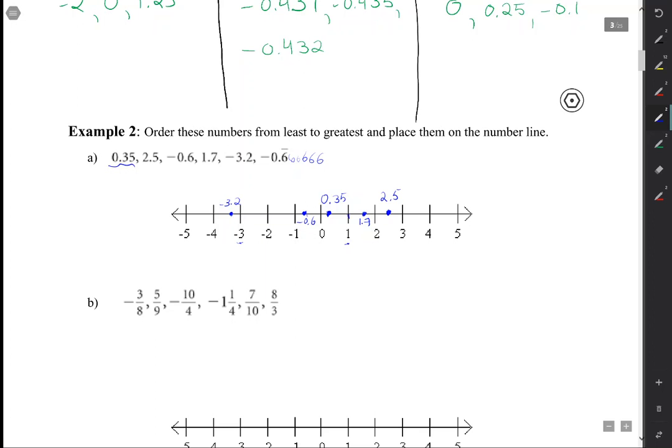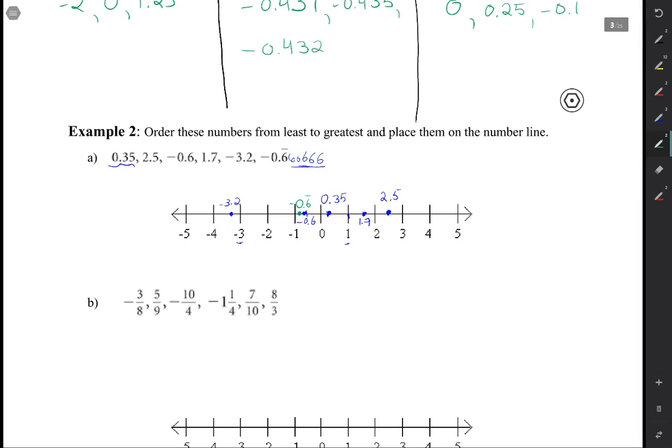And finally negative 0.6 repeated, so that's like 0.6666666. Oh, would you look at that? We already have negative 0.6 on here. Well, this is going to be even more negative. Look, we have more numbers. It'll be more negative than 0.6. So I'm going to change the color here just so it's easier for us to see. But that's actually going to be right next to it, a little more negative. So this would be negative 0.6 repeated right beside it.